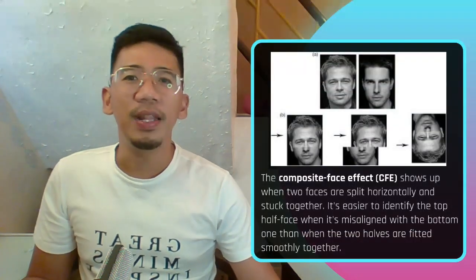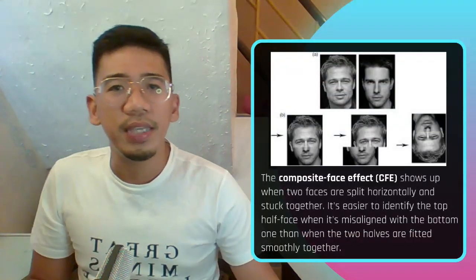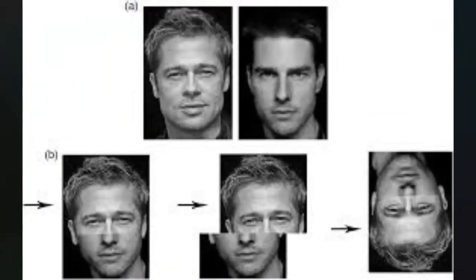So, if you still don't believe me, I want you to try this example. This example is called the composite face effect, devised by Andy Young, a British neuroscientist, and his team in 1987. Now, the composite face effect shows up when two faces are split horizontally and stuck together.